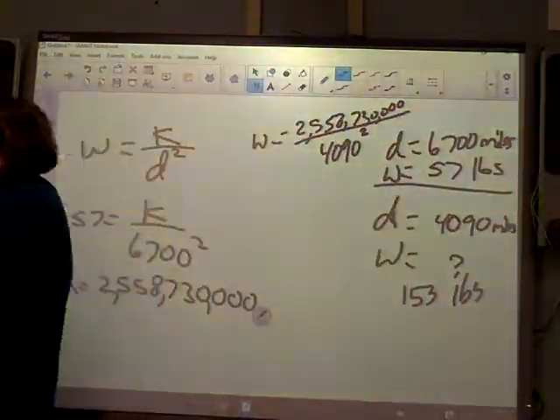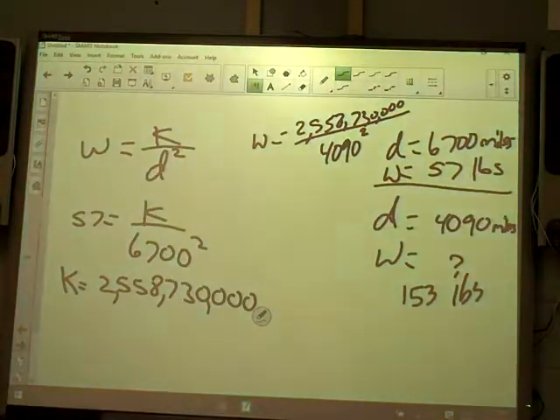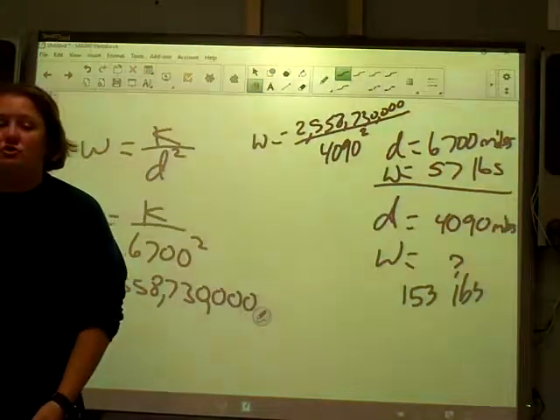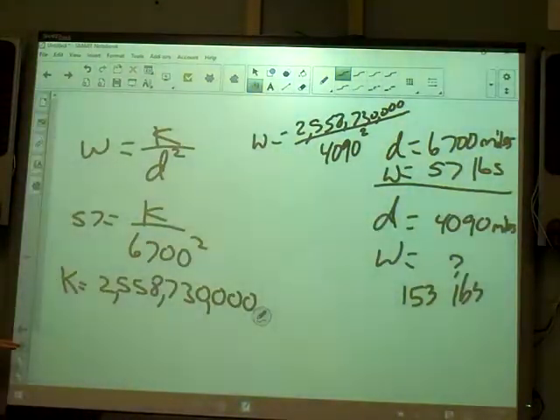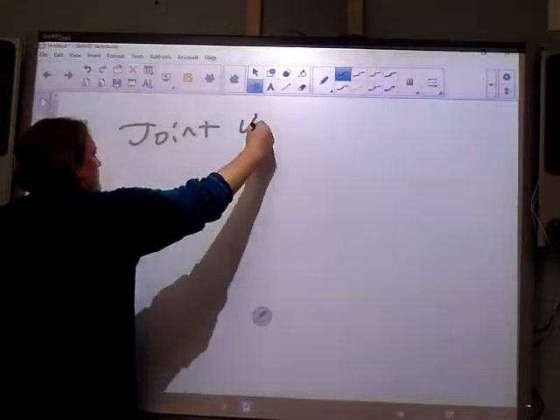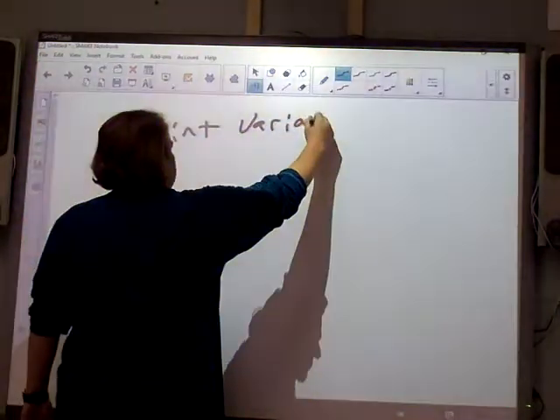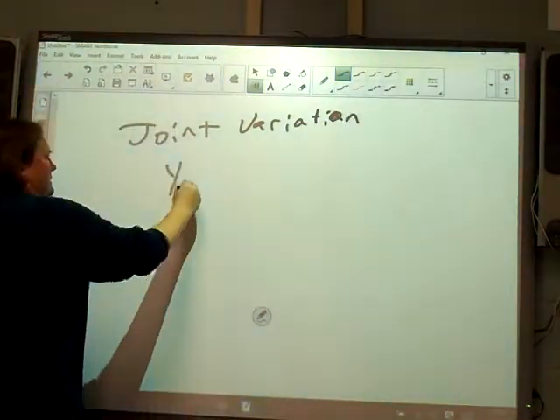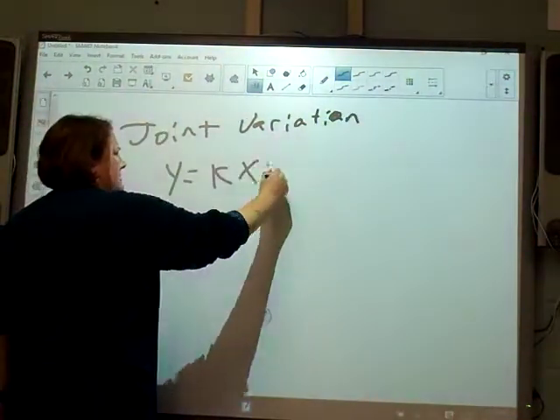Alright, so we did direct, and what operation do we link direct with? Very good, Mason, multiply. We did inverse. What operation did we link inverse with? Divide, hot dog, Mason. Now, when we do joint, the pattern that we're going to write down for joint variation, is going to be more than one letter.